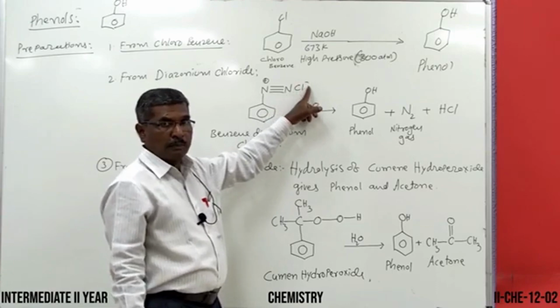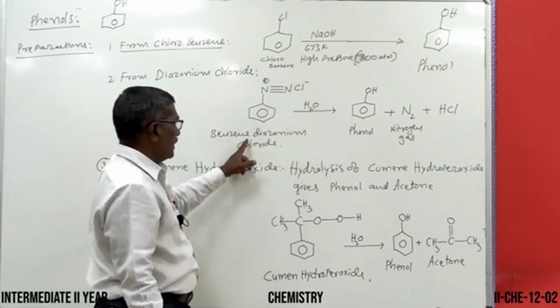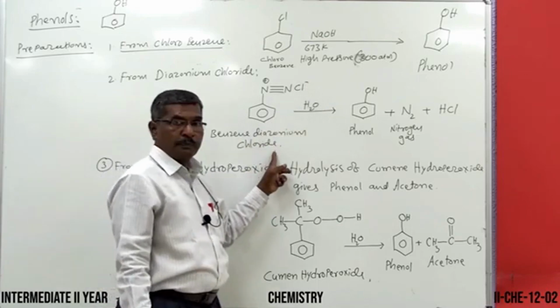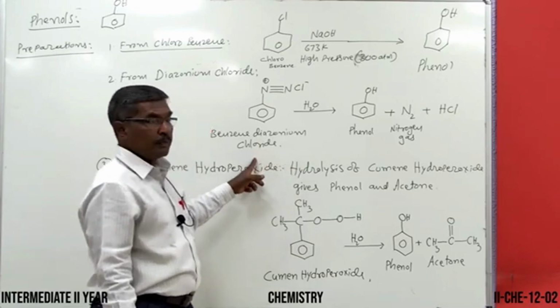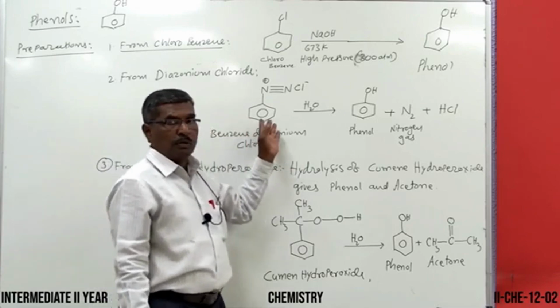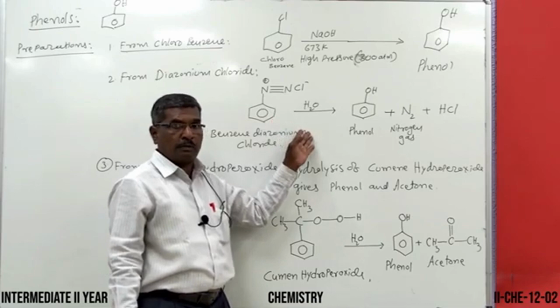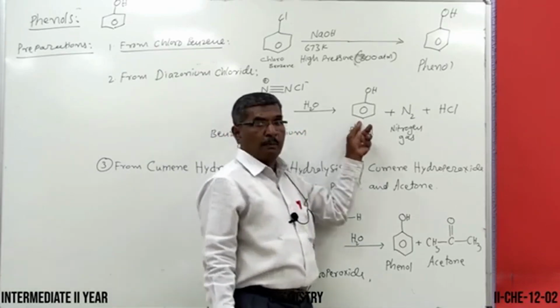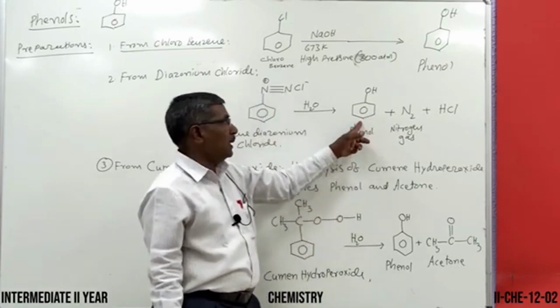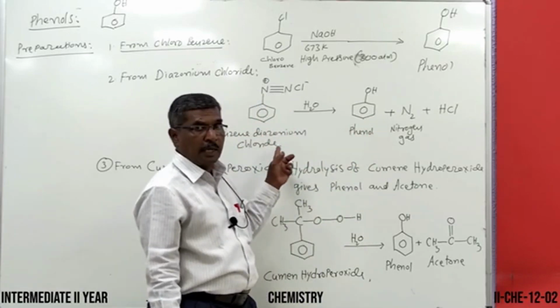The name of this one is benzene diazonium chloride. When benzene diazonium chloride is subjected to hydrolysis in the presence of acid, it gives phenol. So phenol is prepared by the hydrolysis of benzene diazonium chloride.